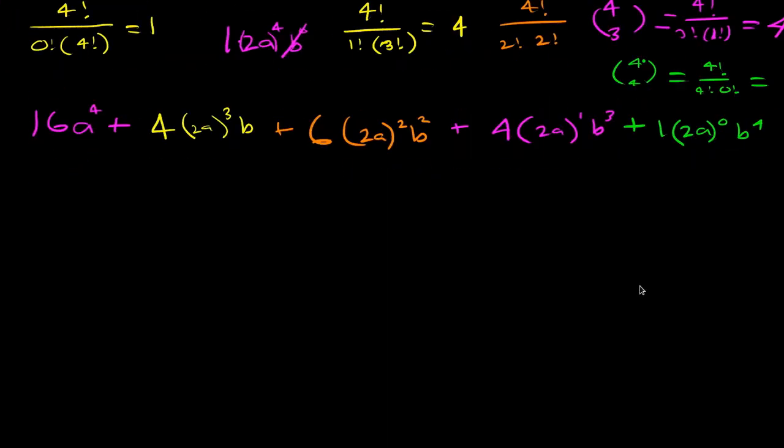Now we can simplify this. And we get 16a to the power 4 plus 4 times 2a cubed.